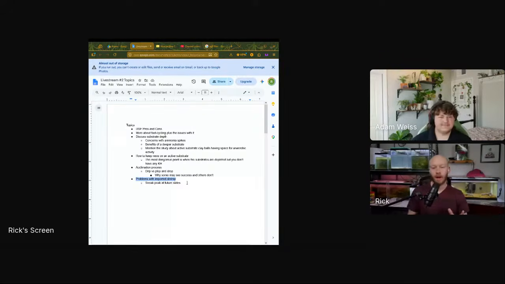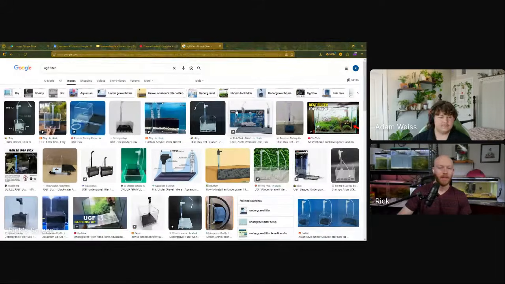Under gravel filters, basically, we have a couple different kinds. One is this box style filter, which is what I've seen referred to as the Asian style UGF, and this is best used with caridina shrimp.